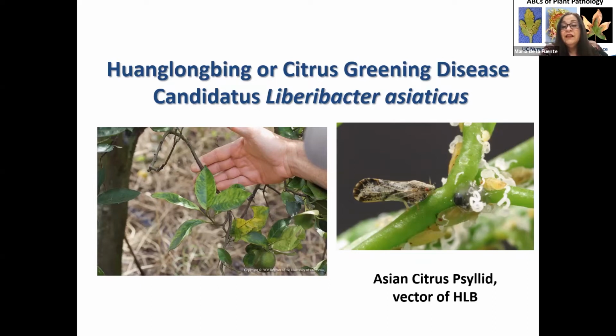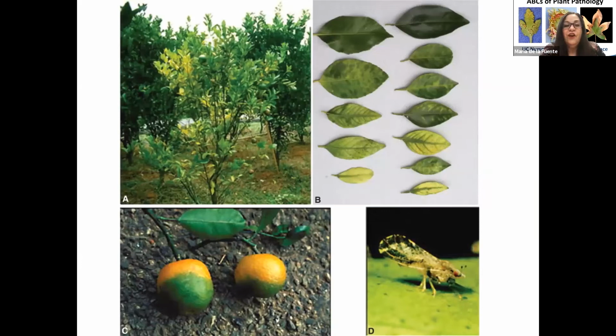This is, I love the psyllid. It's characterized by its deposits of fecal matter that resemble wax, and it creates some kind of curling characteristics.